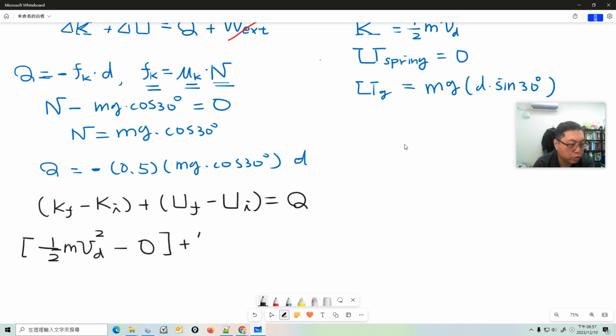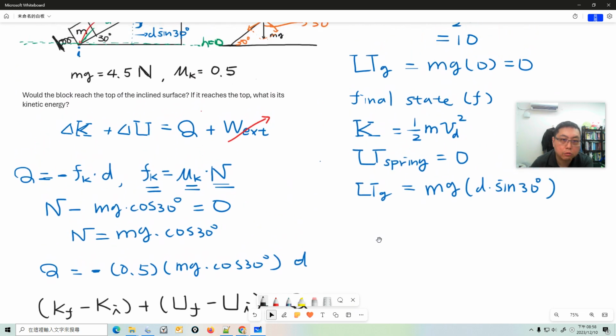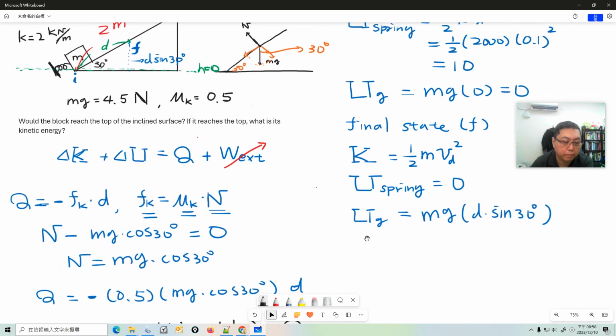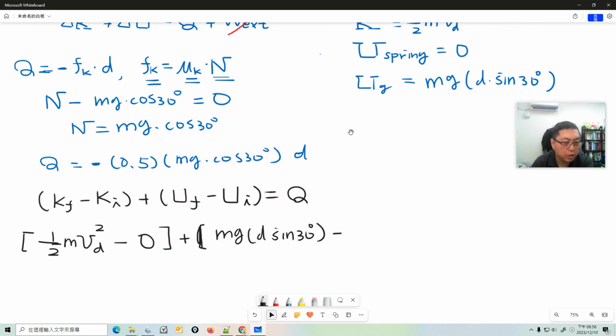The final state potential energy is the gravitational potential energy, so it's mg times d sine 30 degrees. The initial potential energy is the elastic potential energy, and I remember it's 10. And what is our heat? It's minus 0.5 times mg times cosine 30 degrees times d.